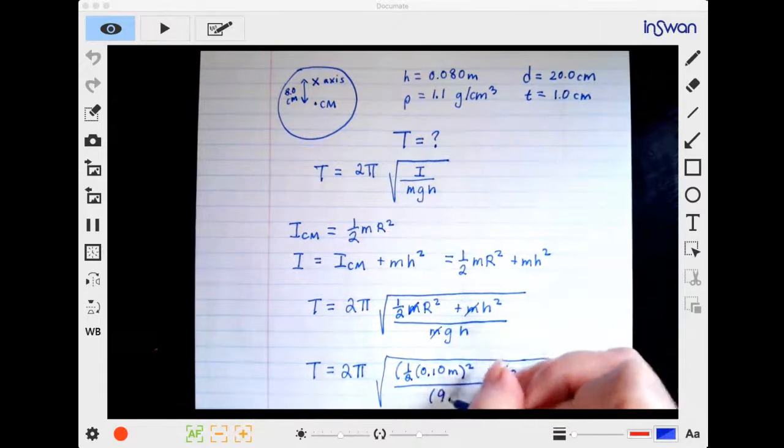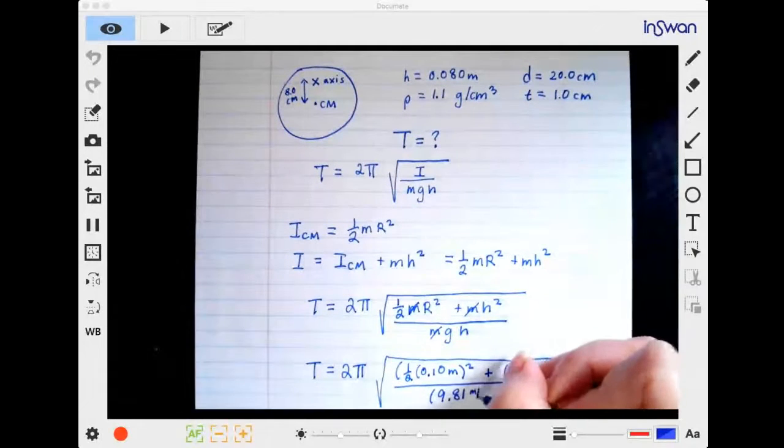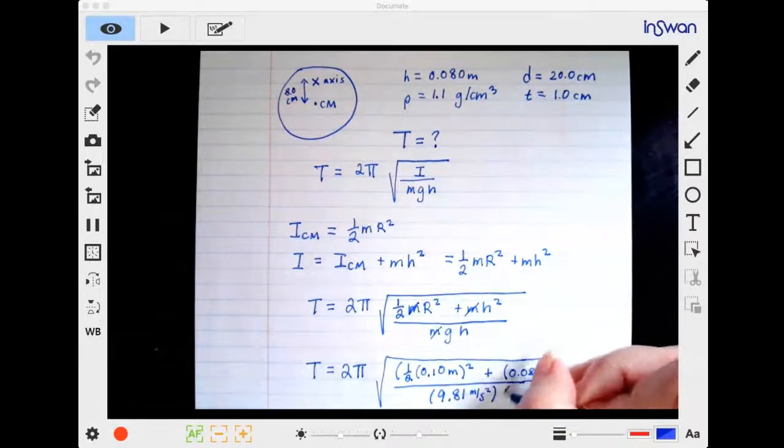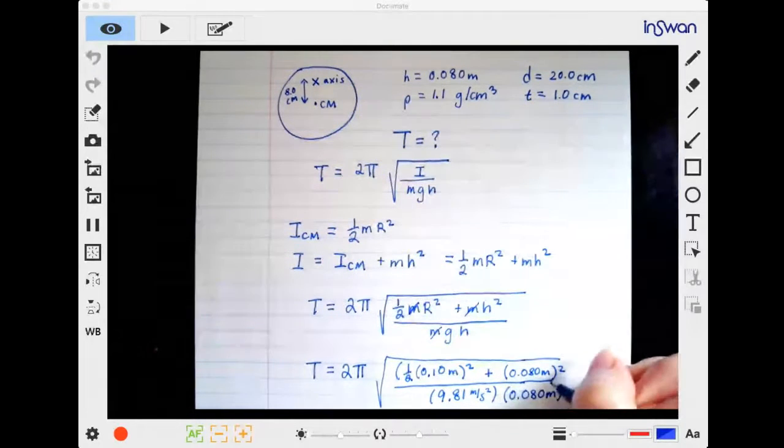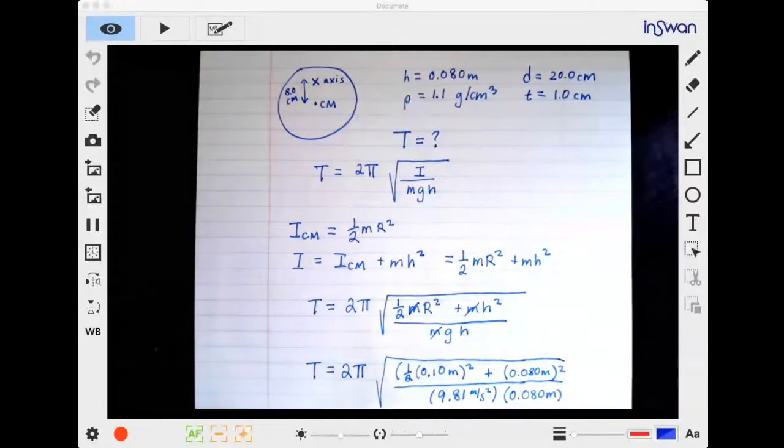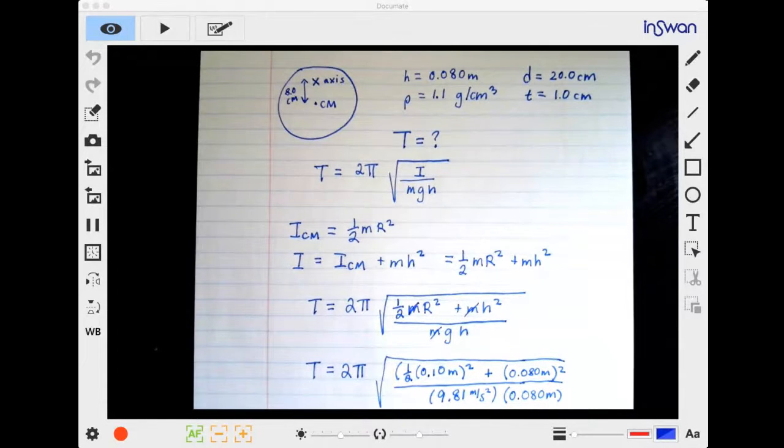And then we have acceleration due to gravity, 9.81 meters per second squared, times our h, which is 0.080 meters. Notice that you're going to have meters squared on top, meters squared on bottom. Those are going to cancel. You're going to end up with just seconds squared under the square root, which is good because we're trying to solve for time, so it better come out like that.